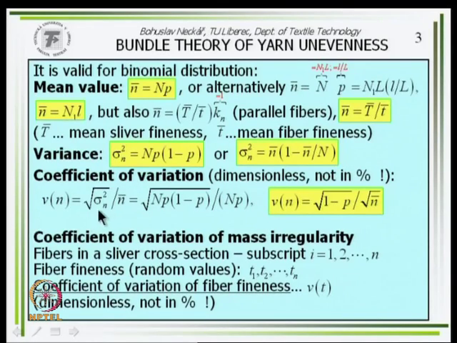This coefficient of variation is given by the known ratio, square root of variance by mean. Using our equations, we obtain this expression for the coefficient of variation.